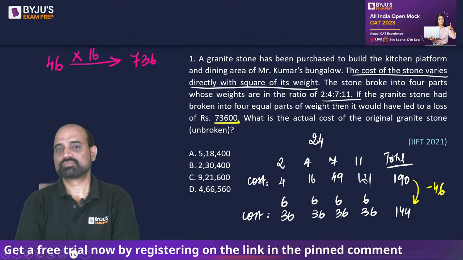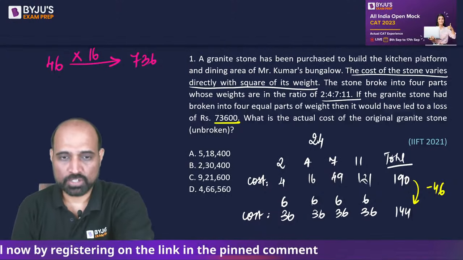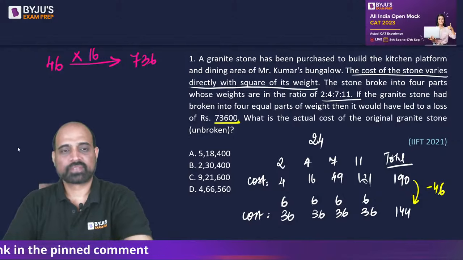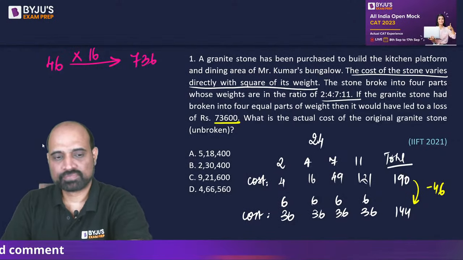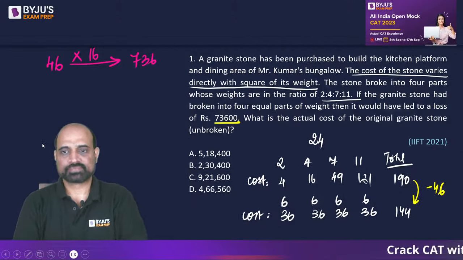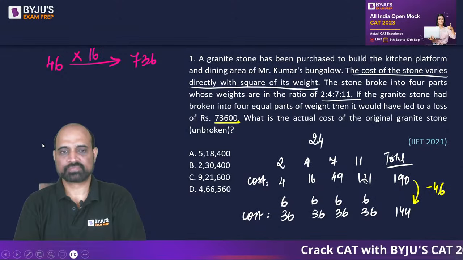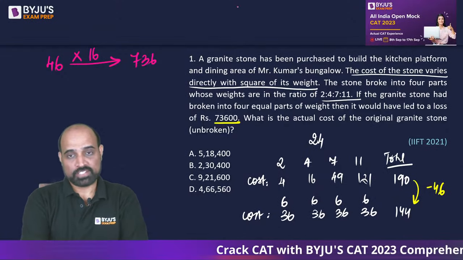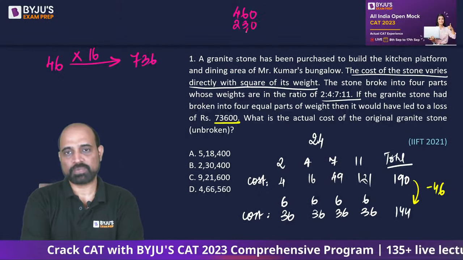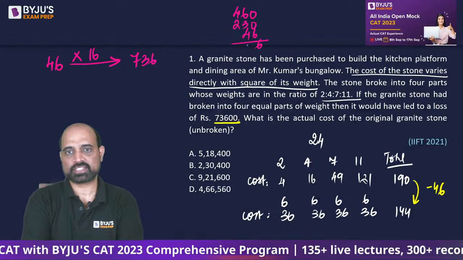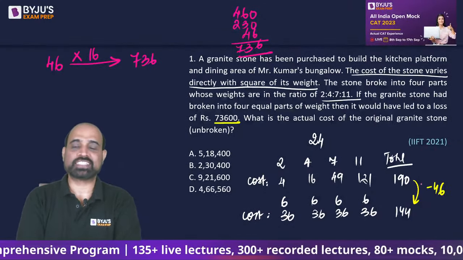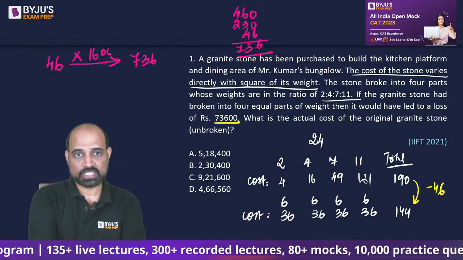Is it going to be 16 times? चेक कर लेते हैं. 460 and 46 into 5 is 230 plus another 46. So this is 736. So if this becomes 16 times, actually it's going to be 1600 times.